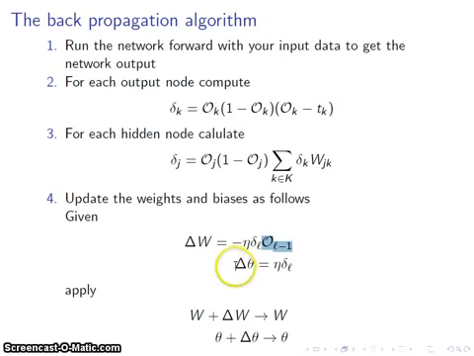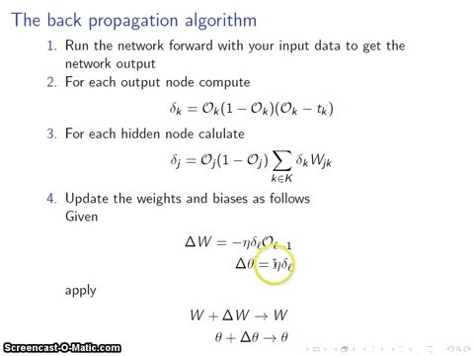The change in bias for a node is going to be negative eta times that delta, because there is no output of the previous node, it's just 1. We compute these values, take whatever weight we currently have in the network, add this delta W, and replace it, similarly with the bias terms. So that is basically it.